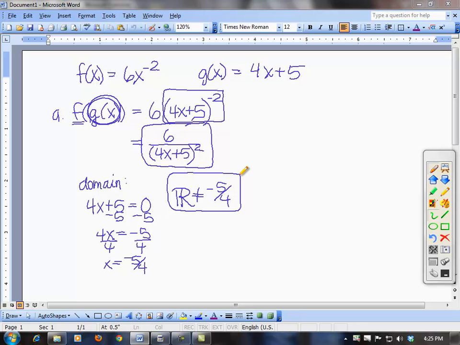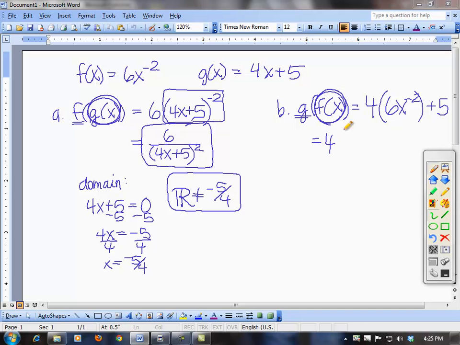Last one, in part B, I want to do g of f of x, which means I start with g. So I start with the 4, put a parentheses where the x is, plus 5. And inside of g goes f. So f goes inside of the parentheses. And we again want to talk about how to write this.